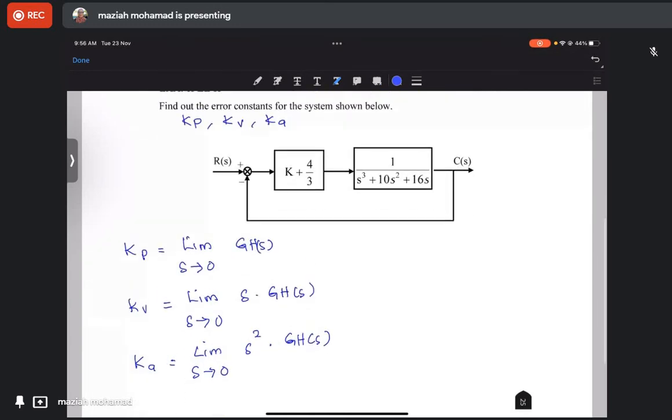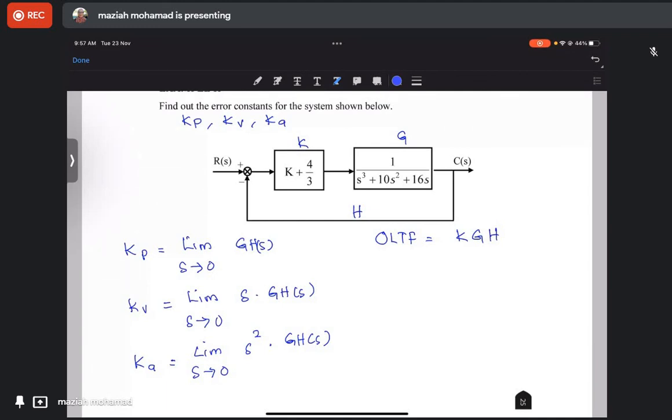Therefore you need to determine the open loop transfer function. The open loop transfer function is equal to KGH. So this is K, this is G, this is H. If you are able to solve for the open loop transfer function, then you can calculate Kp, Kv, and Ka by applying s goes to 0 to that.